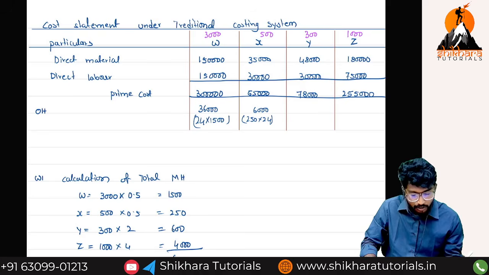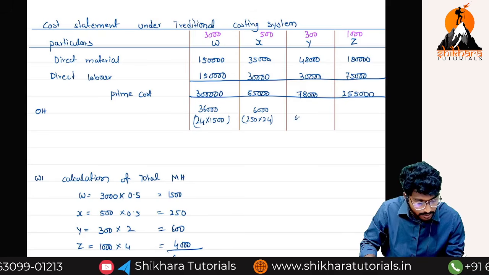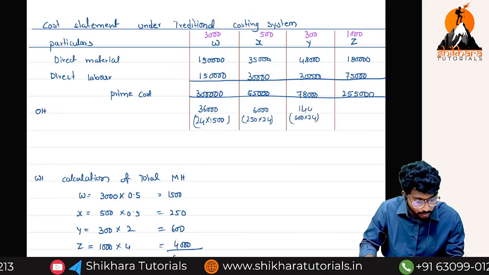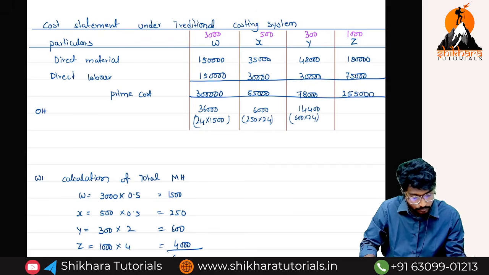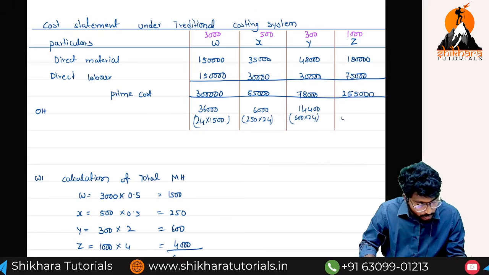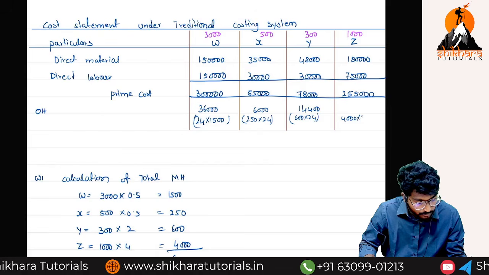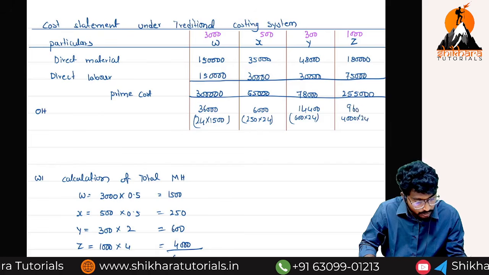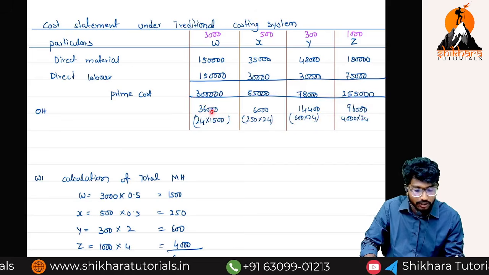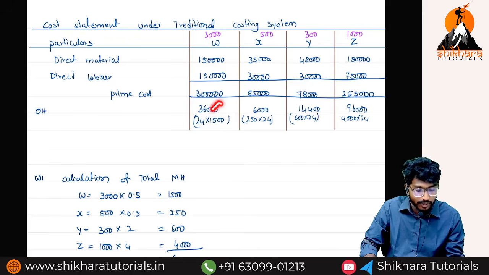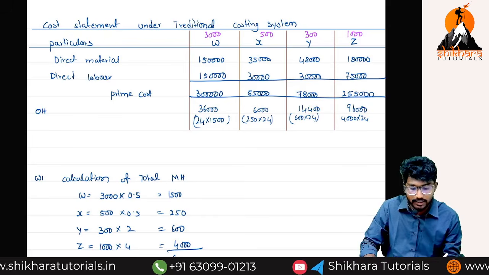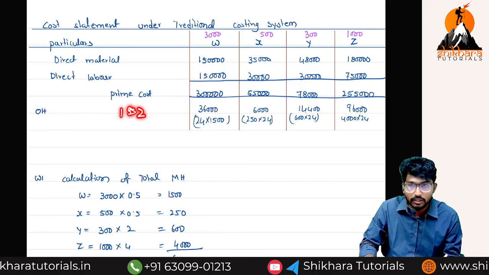Next, Y consumed 600, 600 into 24, 14,400. Next, Z consumed 4,000 into 24, 96,000. If you add all the overhead costs of W, X, Y, Z, you will get the overall overhead cost, that is 1,52,400.